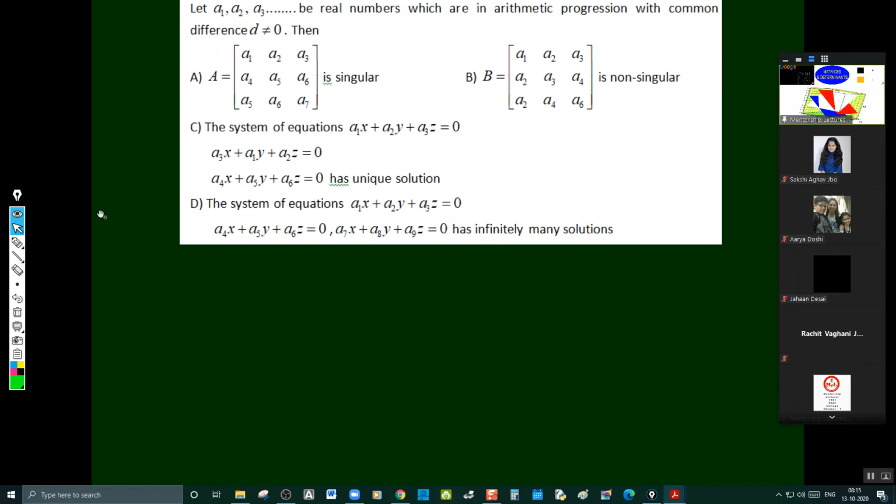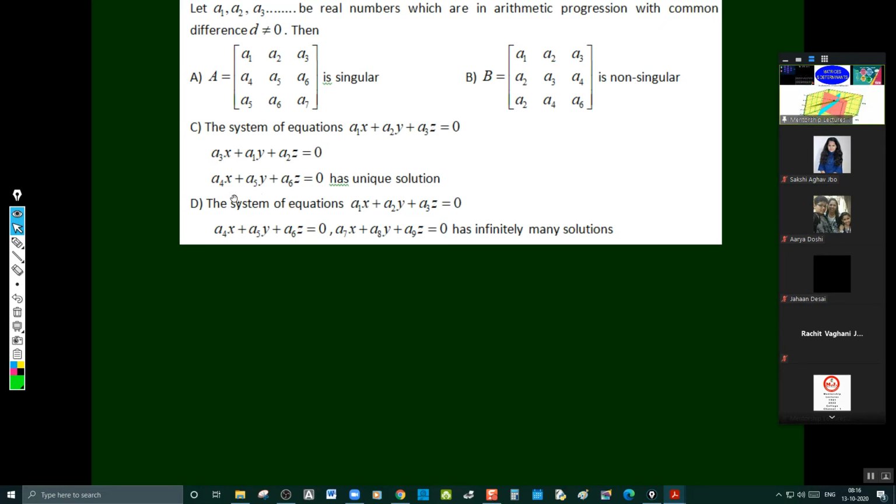Now, a1, a2, a3 and so on are real numbers in an arithmetic progression with common difference d not equal to 0. Then A, the matrix with rows a1 a2 a3, a4 a5 a6, a5 a6 a7, is singular. B, the matrix with rows a1 a2 a3, a2 a3 a4, a2 a4 a6, is not singular.